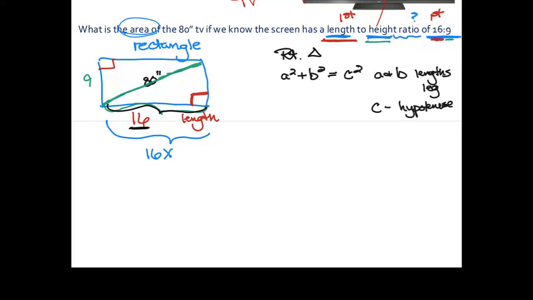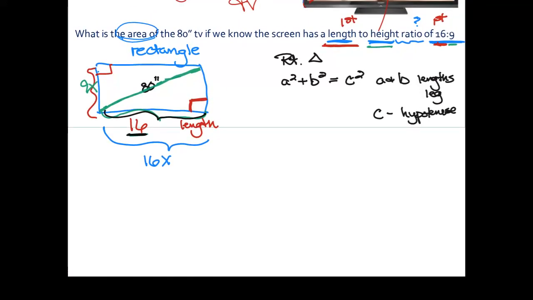So what about this side up here? If it's in a ratio of 16 to 9, it has to be the same x amount. So this is going to be 9x. And you're thinking, is that really going to help us anymore? Well, I don't know. Let's see.